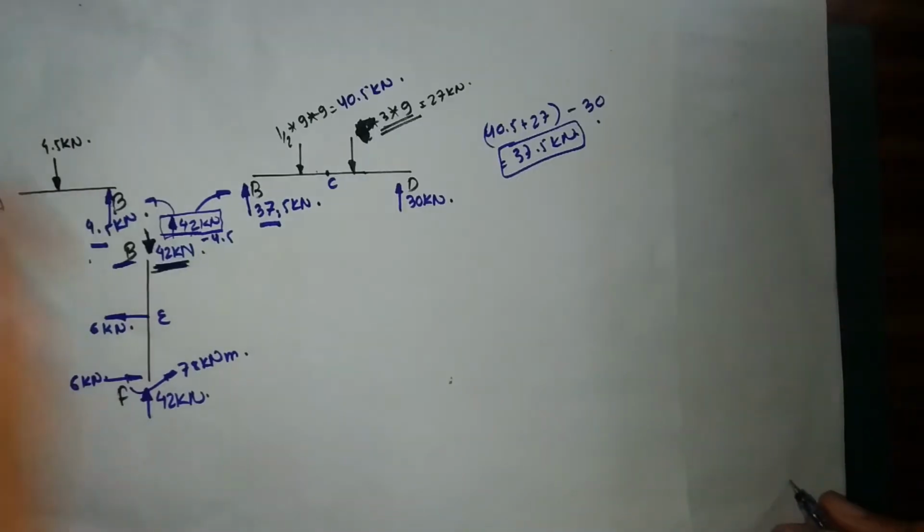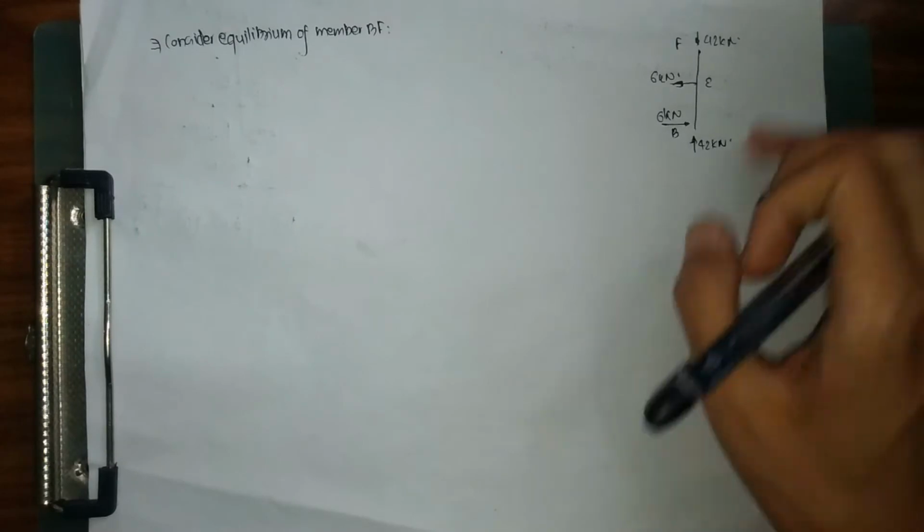So for our member BF, we have a force of 40 kN acting upward and a force of 40 kN acting this way. Next we have a force of 6 kN acting over here, and at our point E we have 6 kN acting upward. So these are the overall forces acting on our member BF.